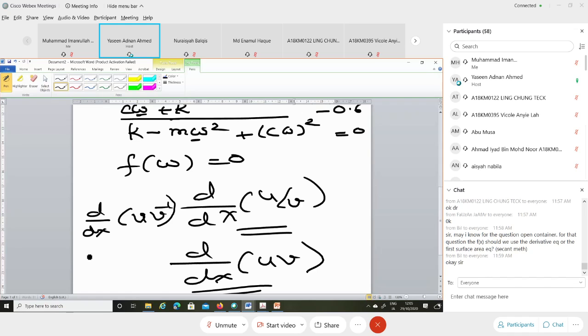Then apply the formula: u d/dx of this one plus v d/dx of u. But this one is v to the power of minus 1, so here it is minus. Then use the formula, get the derivative, and then find out what the function is equal to. Okay, so this is your task.